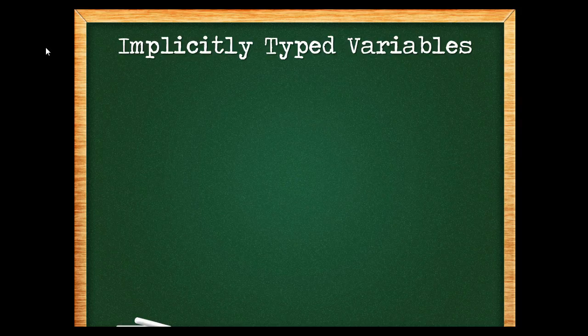On the other hand, implicitly typed variables are represented by the keyword var in C#. The var keyword instructs the C# compiler to infer the type of the variable from the expression on the right-hand side of the initialization statement. For example, var long value equal to some number suffixed with a capital L makes the C# compiler understand that we want to store this value as of type long.